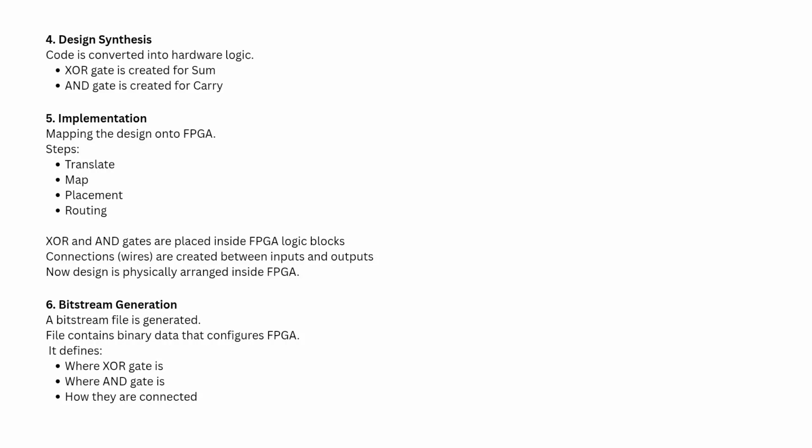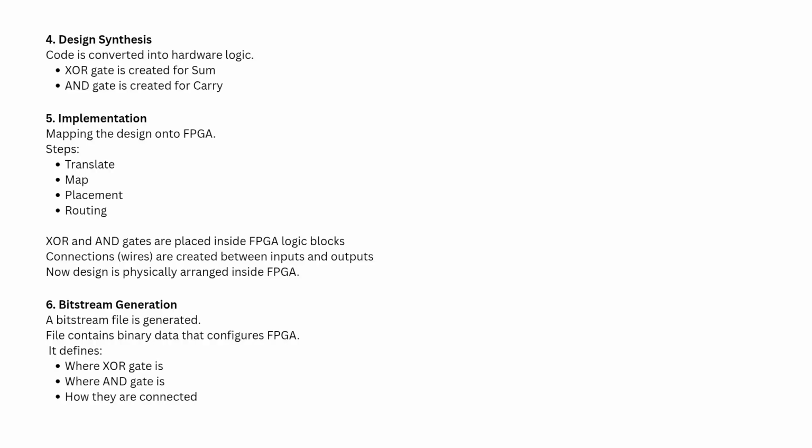In this step, the steps are translate, map, placement, routing, and interconnection. Like in this example, XOR and AND gates are placed inside FPGA logic blocks and connection is made between them using wires. Now the design is physically arranged inside FPGA.